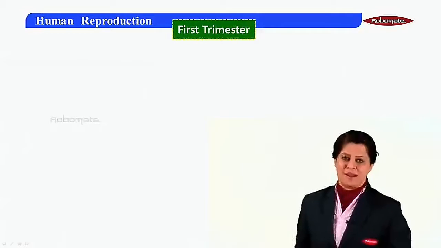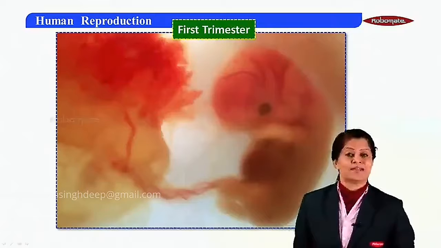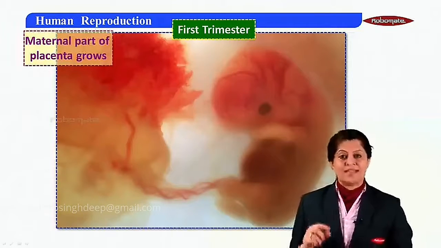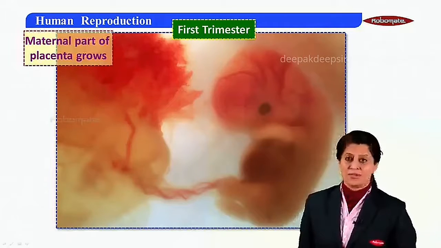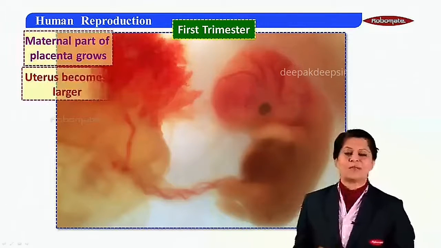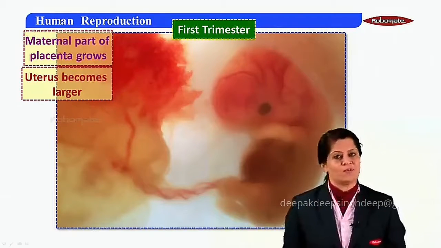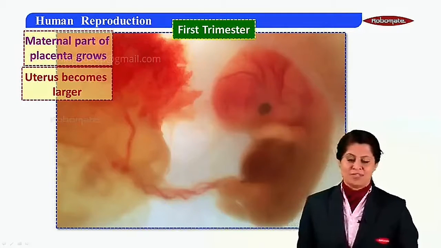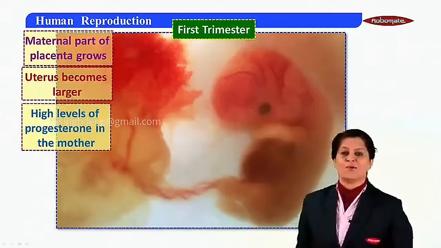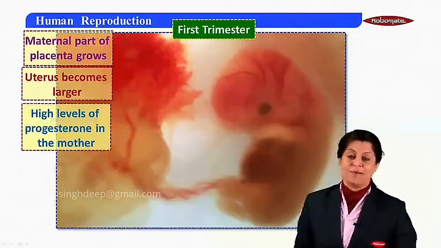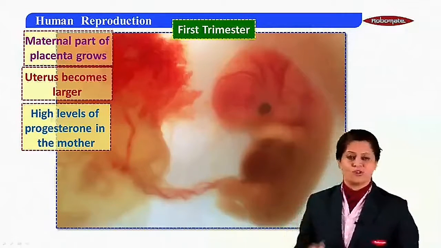Talking about the first trimester, as far as the changes in mother are concerned, students, the placenta starts growing. The maternal part of the placenta grows and the uterus becomes larger. Although the pregnancy is not very obvious during this trimester, students, the progesterone level goes high in mother's blood, and because of this, ovulation stops.